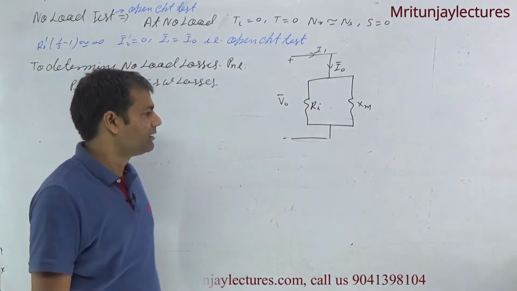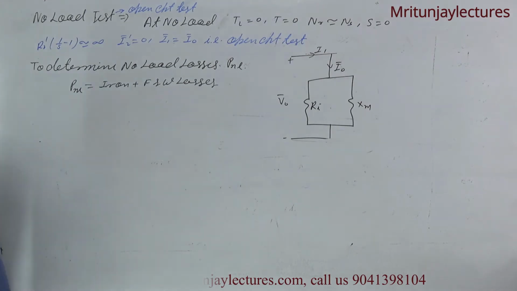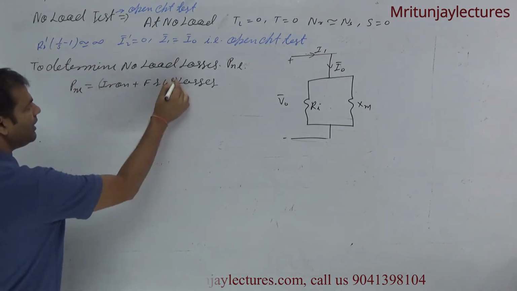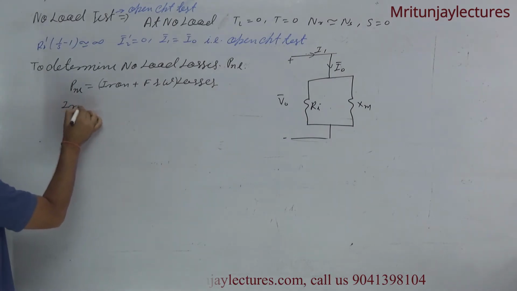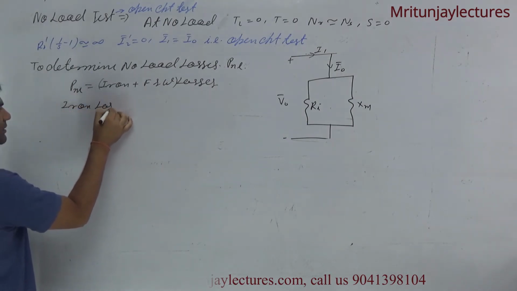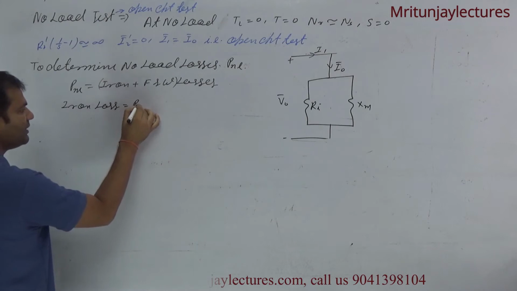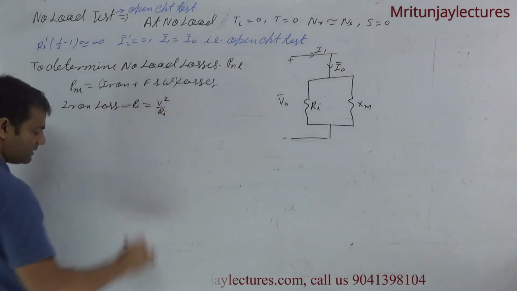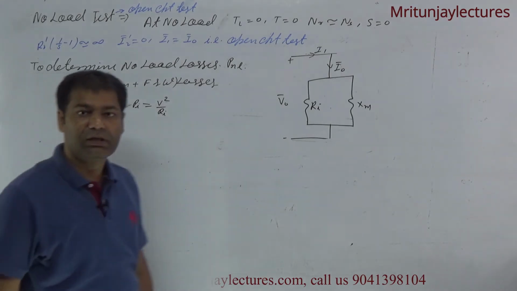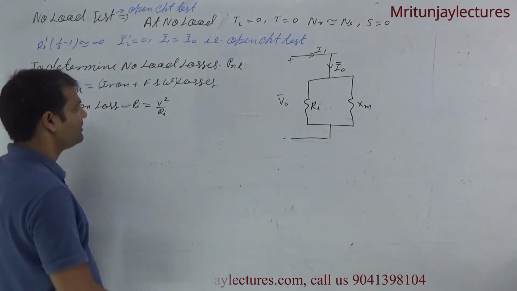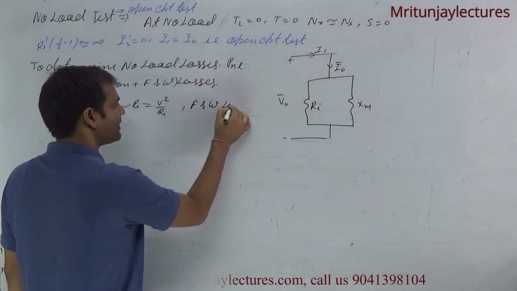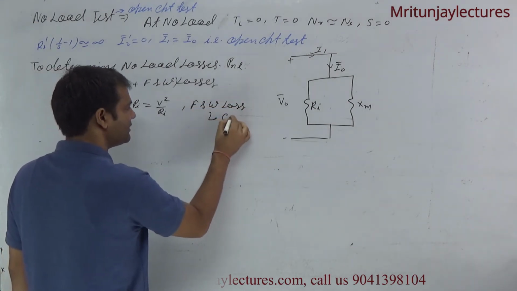Now, iron loss, you know that is Pi, equal to V square by Ri. It depends upon voltage, and friction and windage loss is constant.